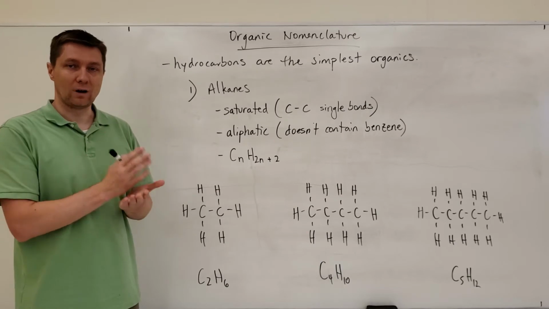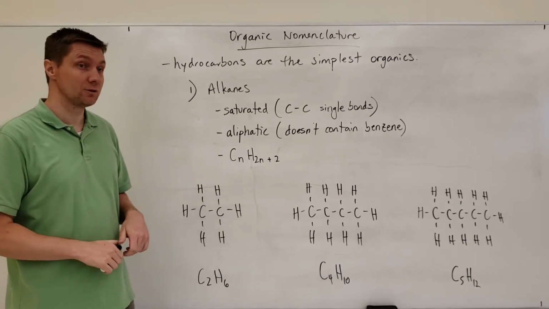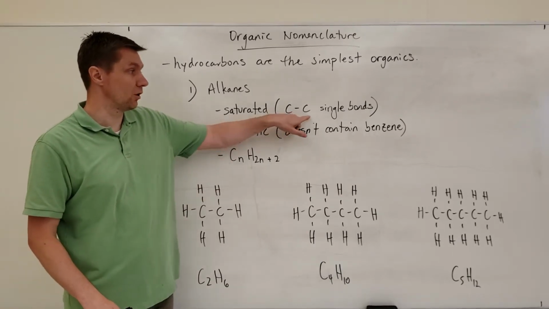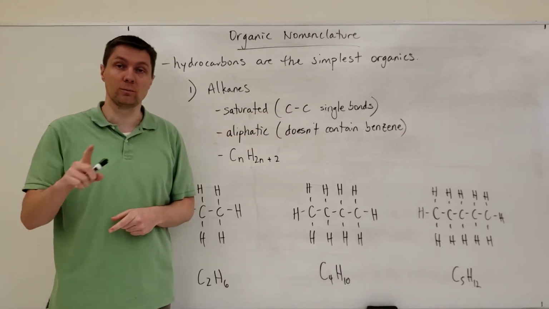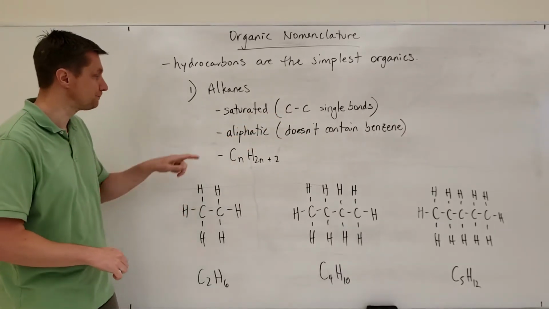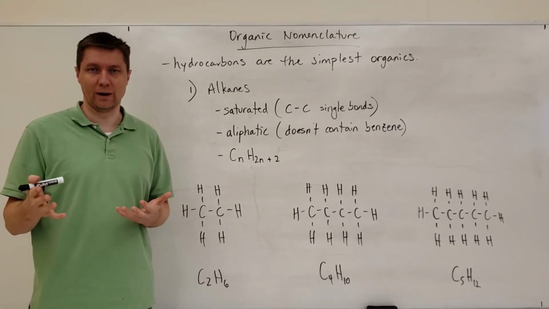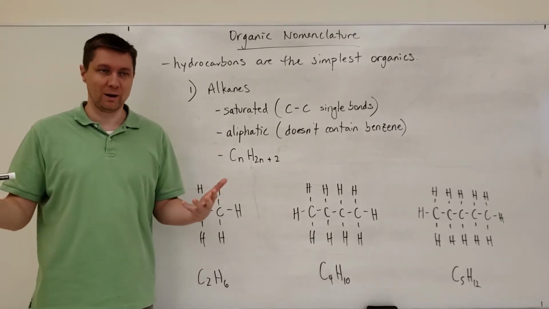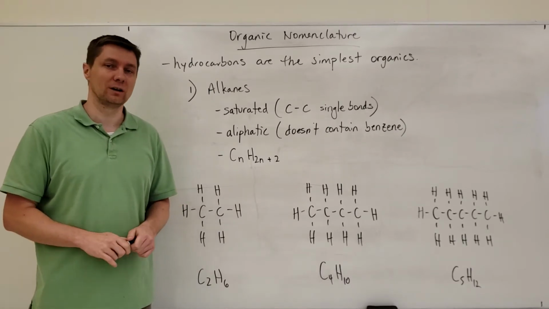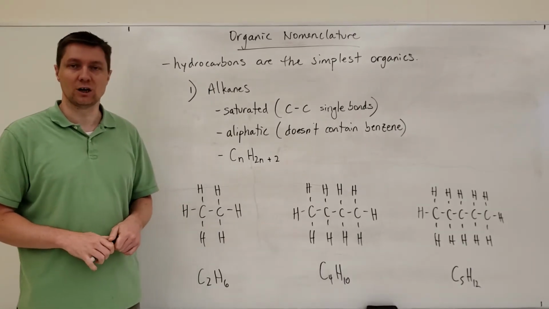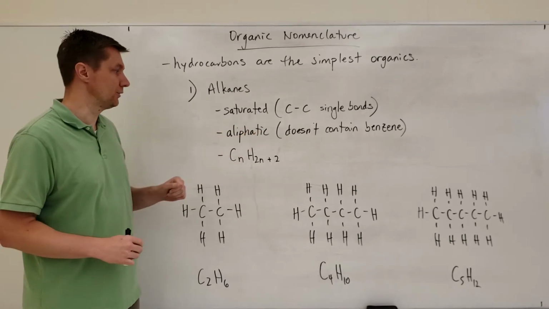The definition for alkanes in terms of being saturated is that every carbon is attached to another carbon with a single bond. Aliphatic simply means that it doesn't contain the molecule benzene. What is benzene? We'll get to that in a later video as the unit rolls on, but for right now, just jot that down in your notes.